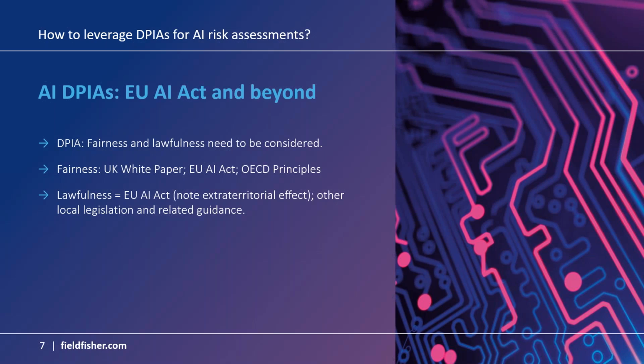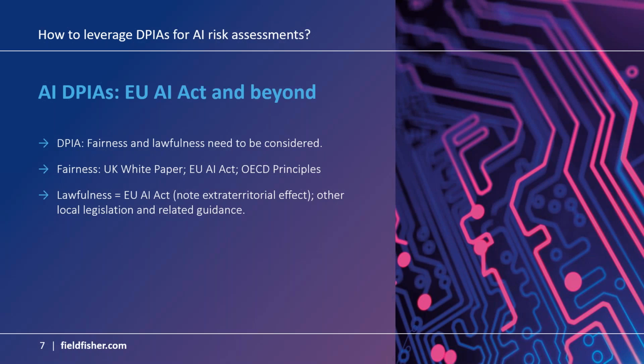And when we think about fairness, we really need to think about some of the ethical considerations that we see reflected across various principles and guidances that have been published in respect of AI. So we have, for example, the UK white paper on AI. We've got the recitals of the EU AI Act, which set out certain principles for ethical AI implementation.